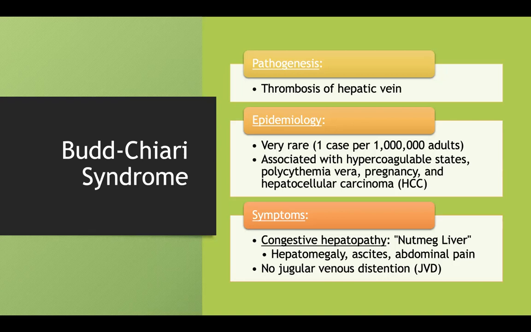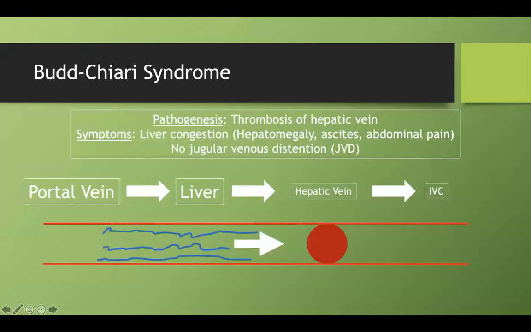So what can happen here is that in Budd-Chiari syndrome, you don't get something called jugular venous distension or JVD. So jugular venous distension, as the name suggests, is distension of your jugular vein. And that's going to happen when any of your veins are congested. Your IVC is one of your main veins as well.